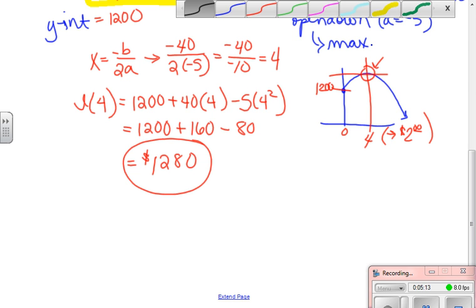So I know that I can sell my mugs for $8 and I will make $1,280. If I charge any more, my sales start to decrease. If I charge less, I'm not maximizing my sales. And so that's how quadratics can be used in a real life function.